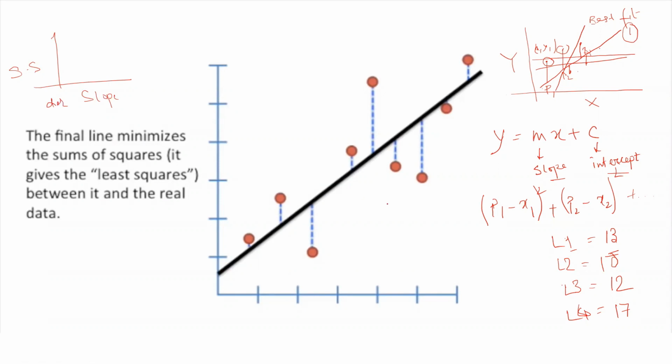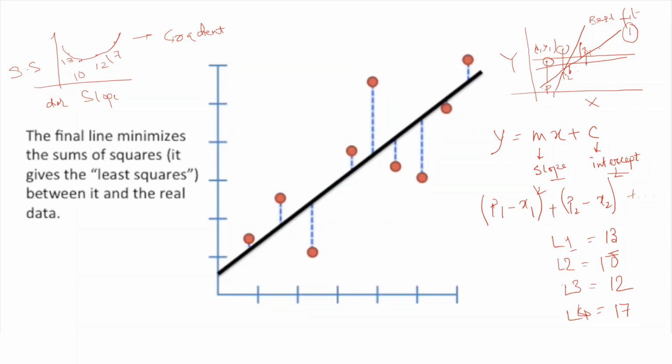You plot these points: 13, 10, 12, and 17. If I draw a curve through them, you get a U-shaped curve, and this is called your gradient descent curve.